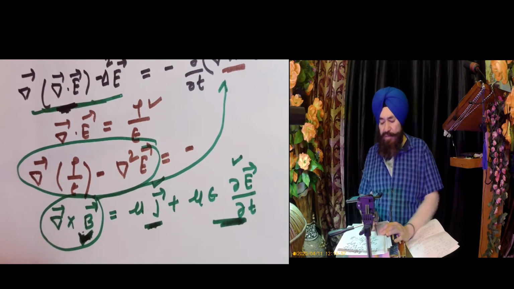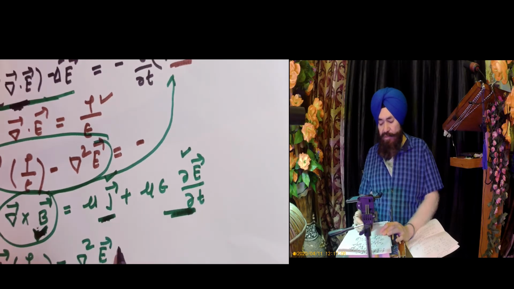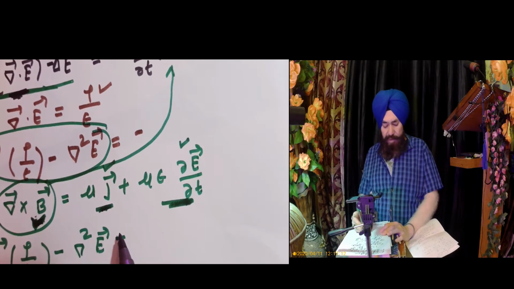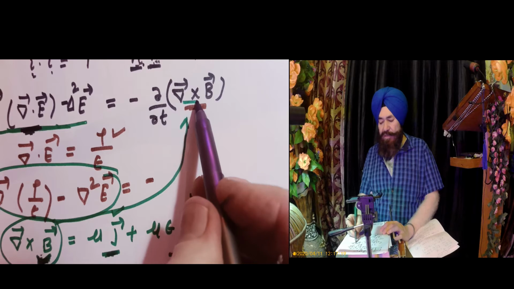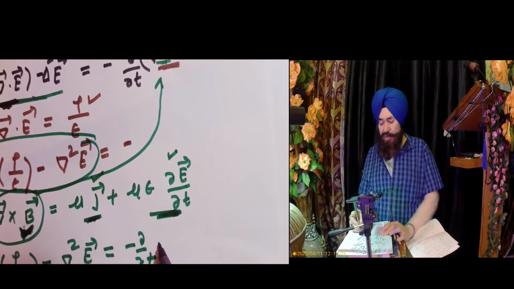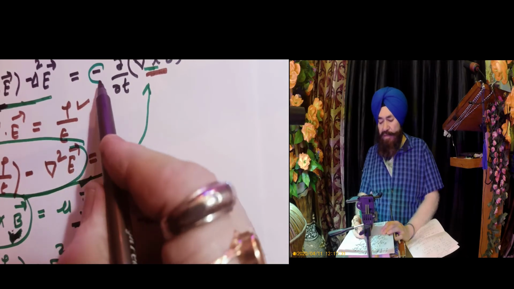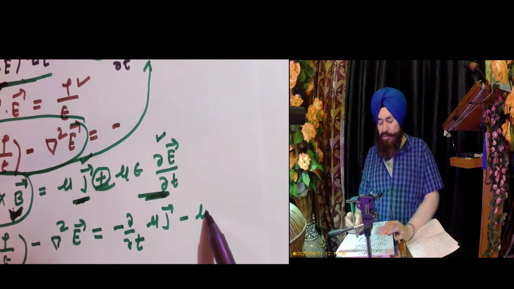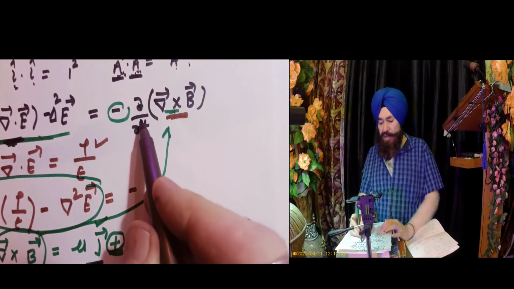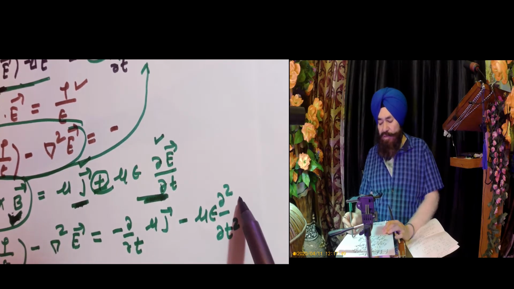So it becomes del vector rho upon epsilon minus del square E vector is equal to, now this becomes minus curly by curly T, okay, this is curly by curly T. Now this value is mu J vector, and then there is a minus sign, so this also becomes minus mu epsilon curly by curly T, and again curly by curly T. This is curly square by curly T square E vector.